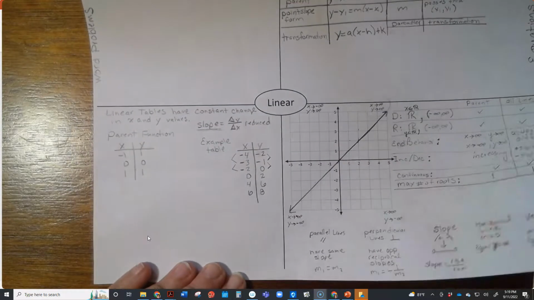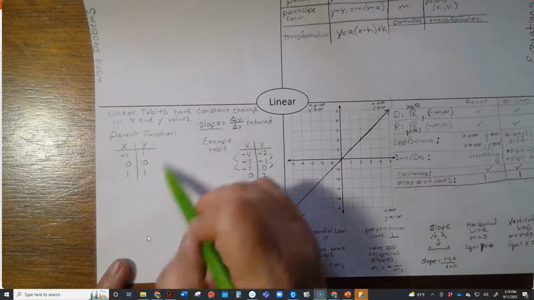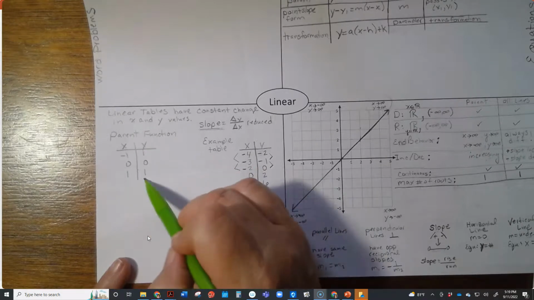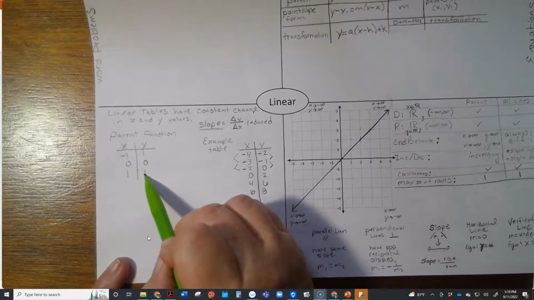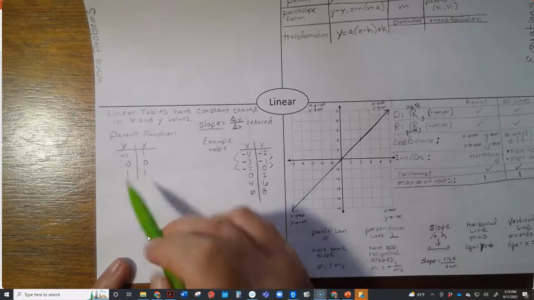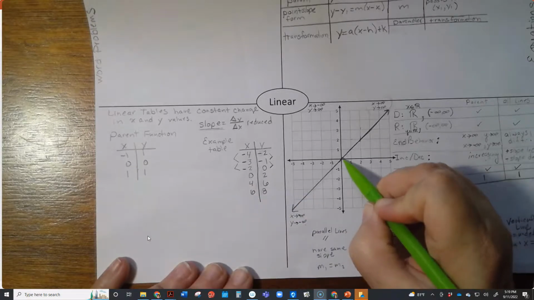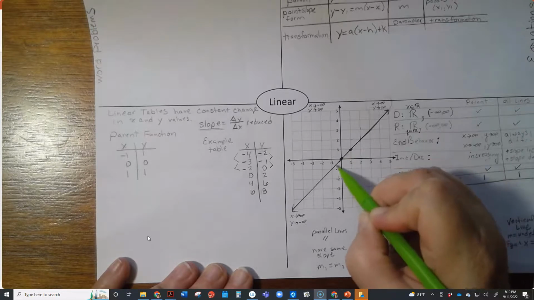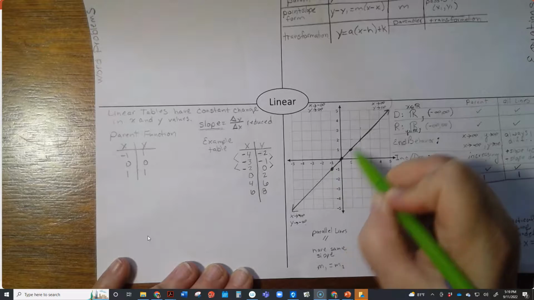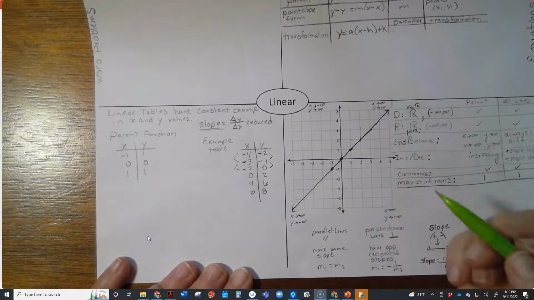So here are the points that you need to remember for the parent function. These are going to be points that you see for a lot of parent functions, but for the linear parent function, it's going to pass through 0, 0, positive 1, and negative 1, and you just know it's going to make a straight line.